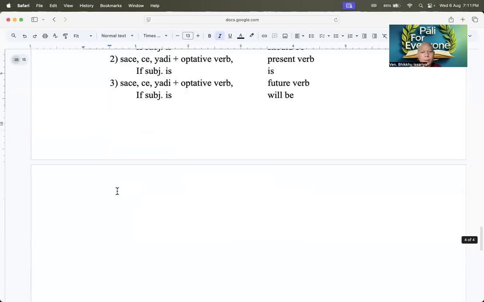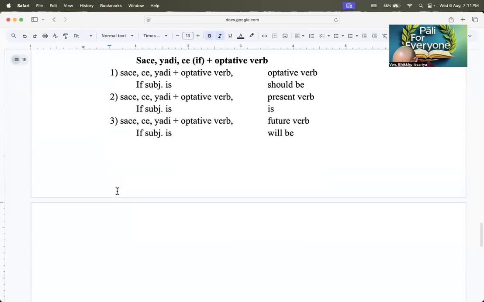Now one example we can see, using such a saji or yeti, one simple sentence.